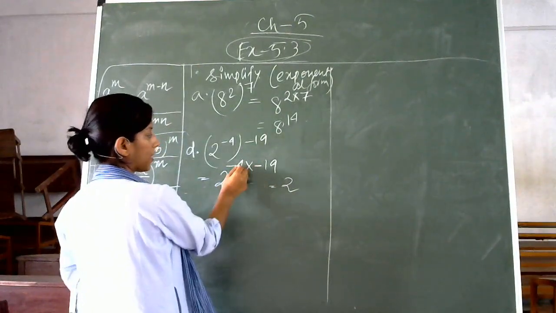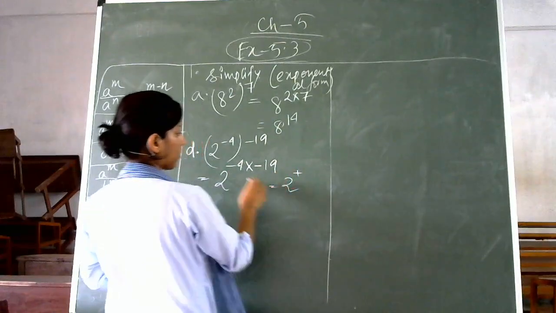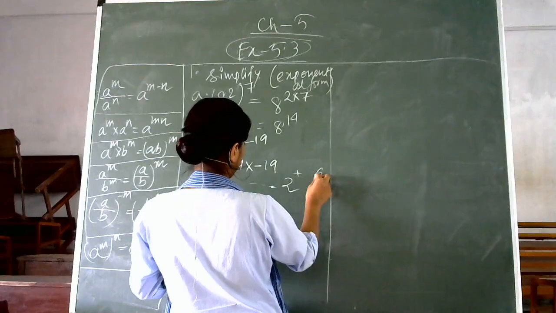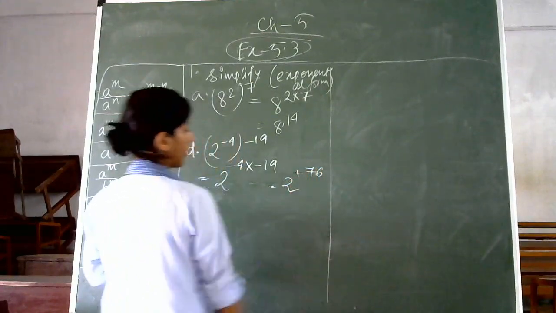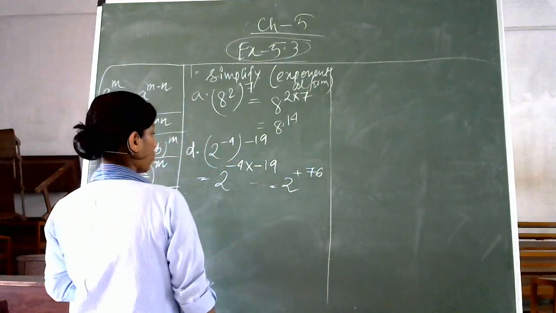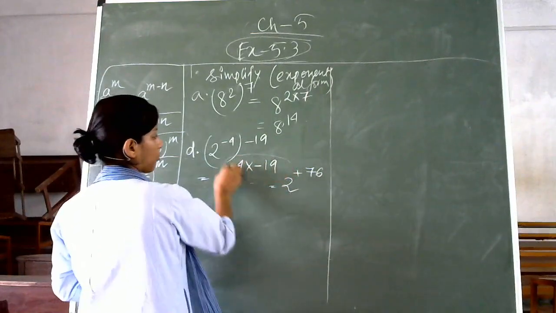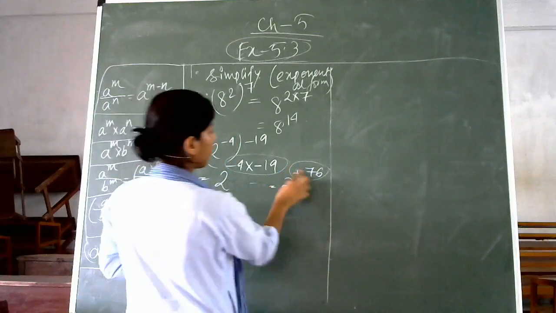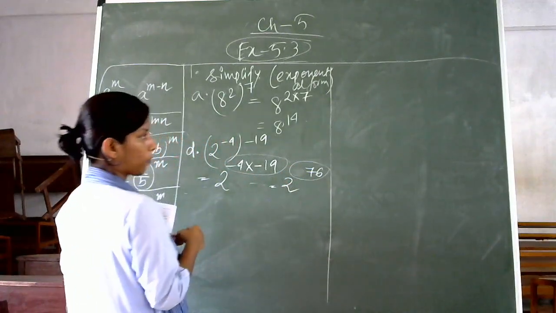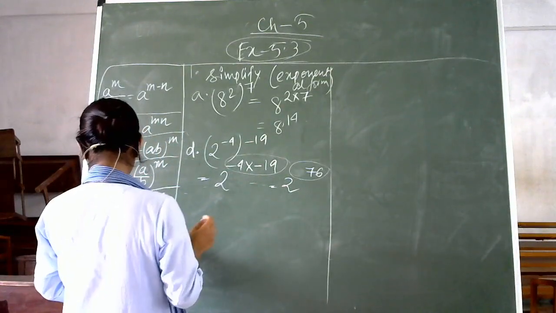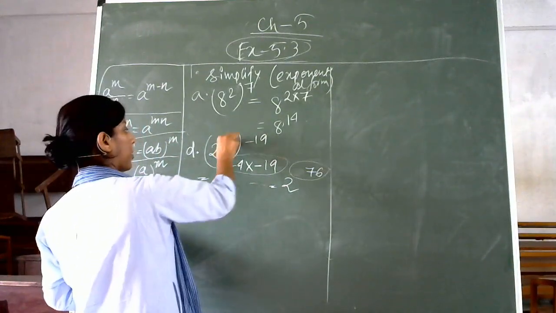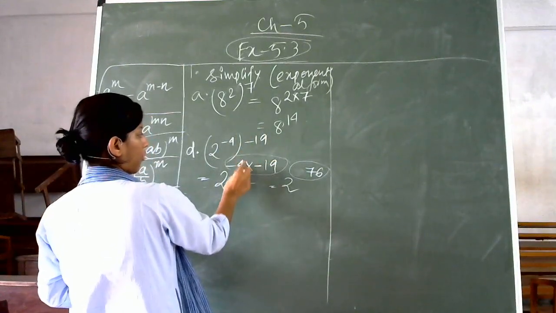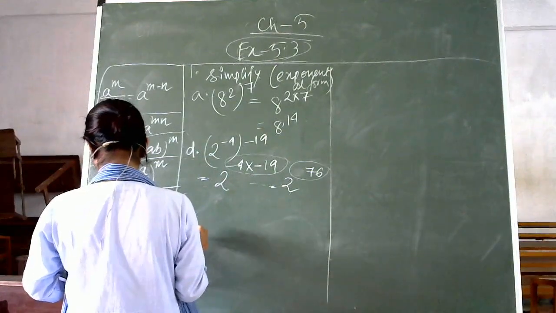Minus into minus is plus. And 4 into 19, if you do the multiplication, 76. Normally we don't write plus, so we'll just remove the plus. So the answer is 2 to the power 76. Right? Whenever power to the power is there, we multiply the powers, that is minus 4 into minus 19.